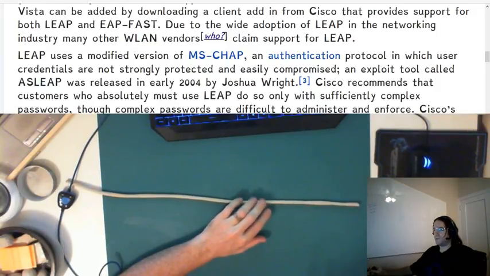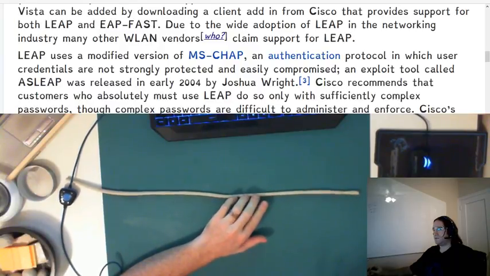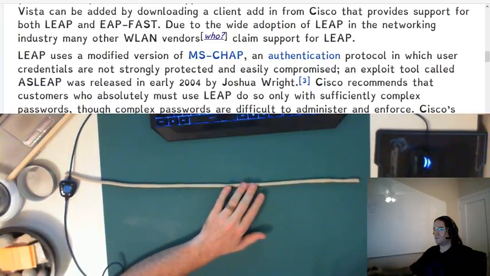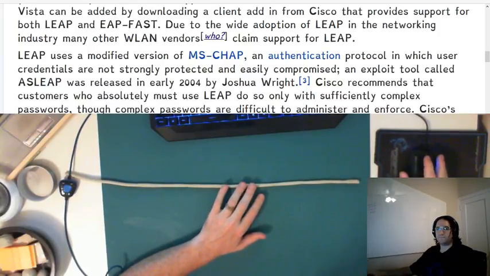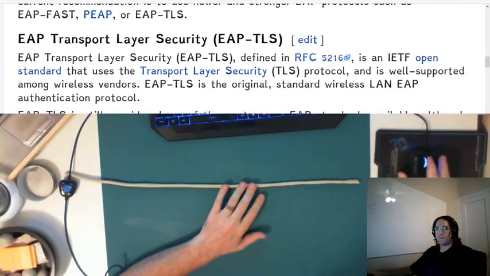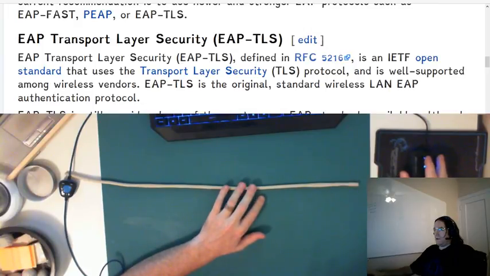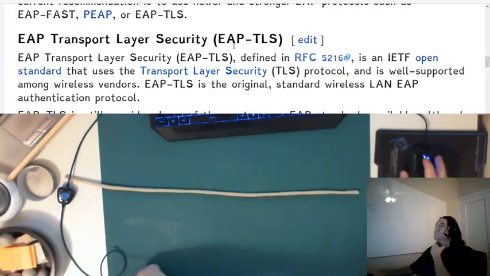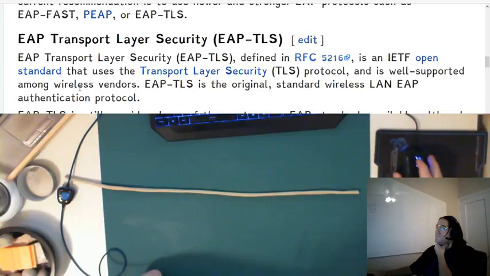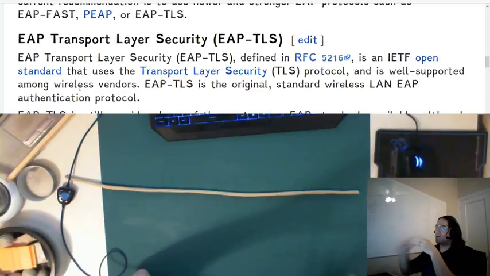Cisco's current recommendation is to use the newer, stronger EAP protocols such as EAP-FAST, PEAP, or EAP-TLS. Okay. EAP-TLS.